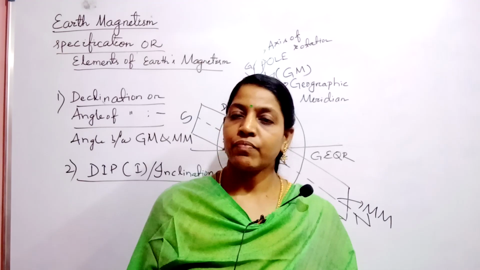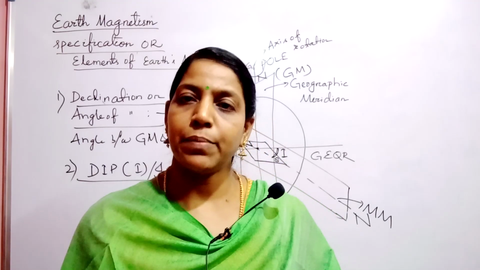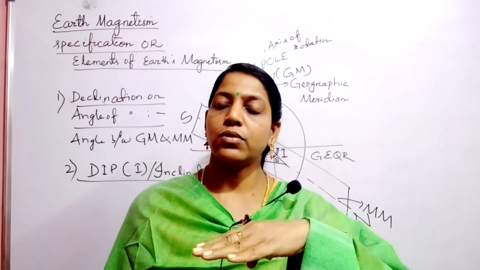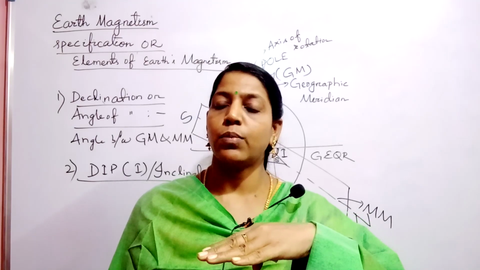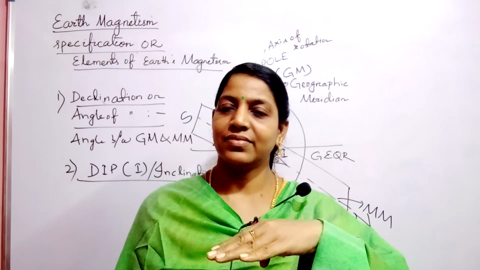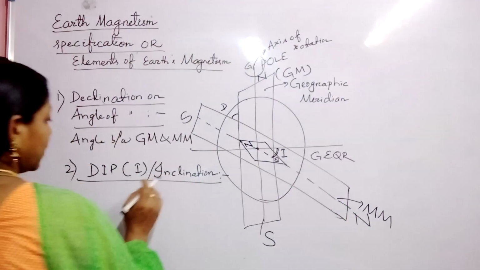So what is dip? It is the angle made by a freely suspended magnetic needle with respect to the horizontal component of Earth's magnetic field. Okay, fine. So what you will write?